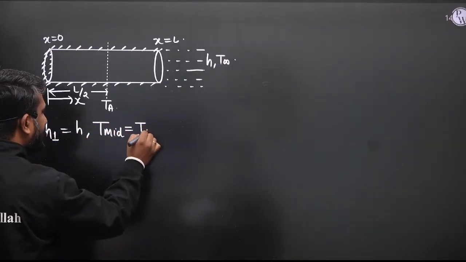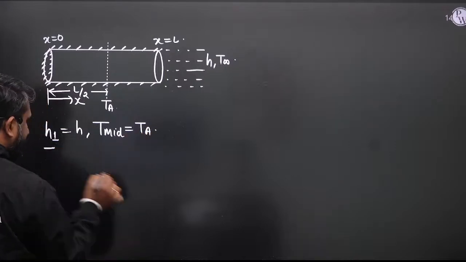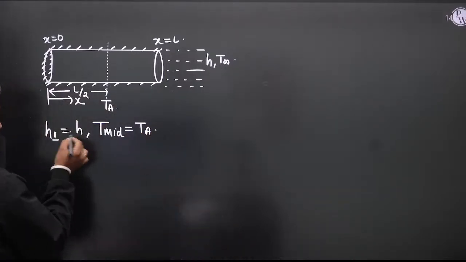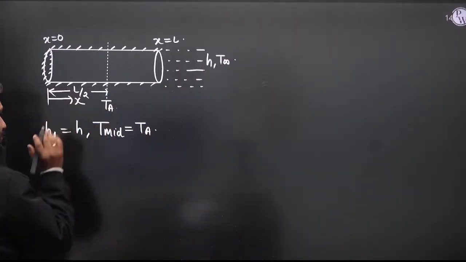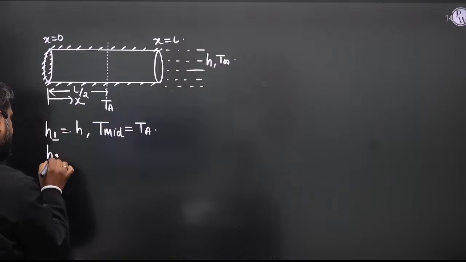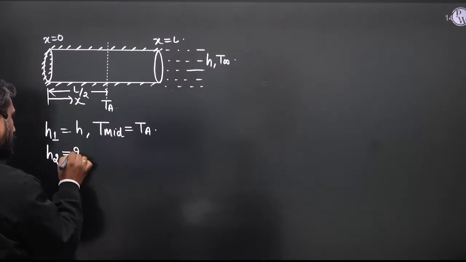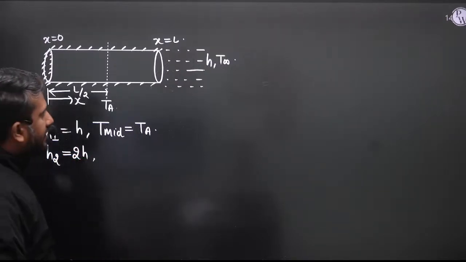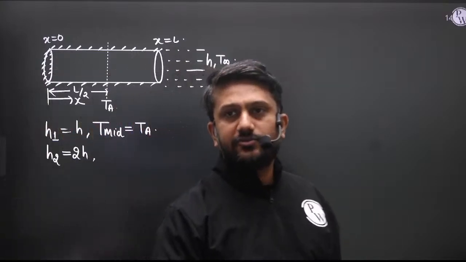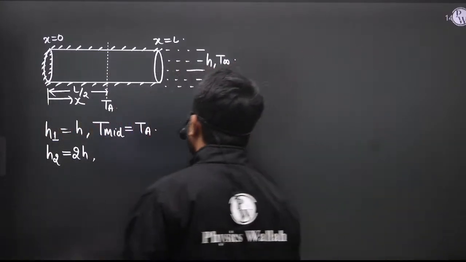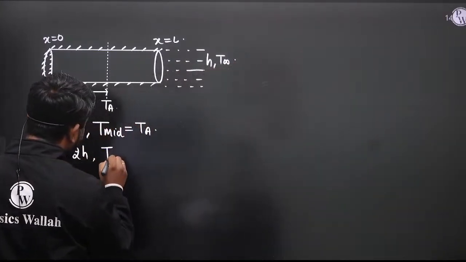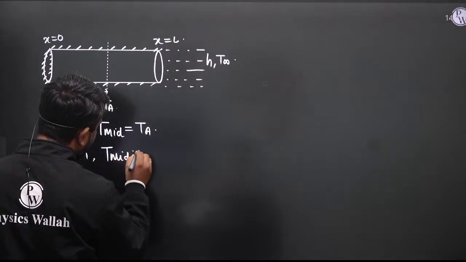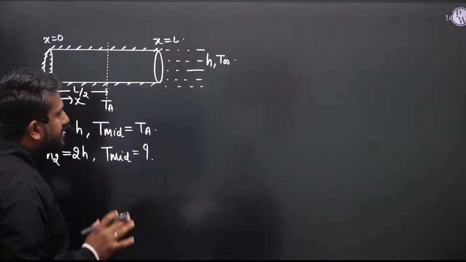Now the question is, when H2 is 2 times H, when the convective heat transfer coefficient is 2 times H, then what is the mid temperature? This is the question.